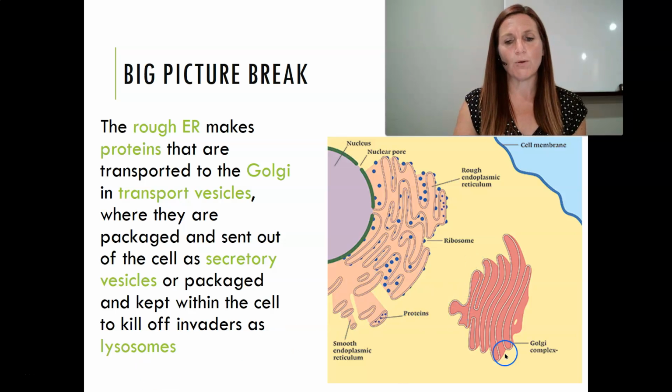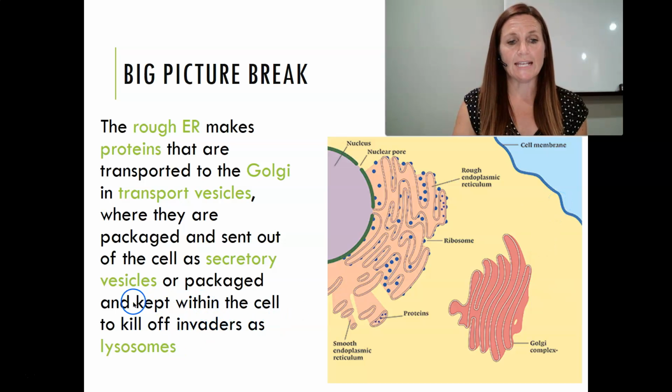And then the transport vesicles then leave the cell and get secreted into the intermembrane space. The information to make the proteins is here in the nucleus. That information comes out into the rough ER. Rough ER makes proteins, sends the proteins to the Golgi. Golgi modifies and packages them, and then sends them out to be secretions.